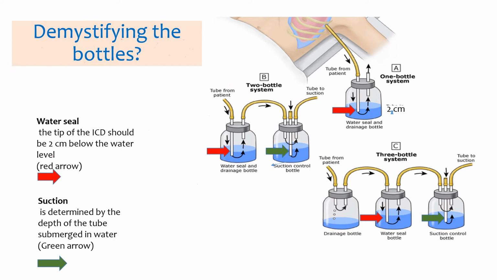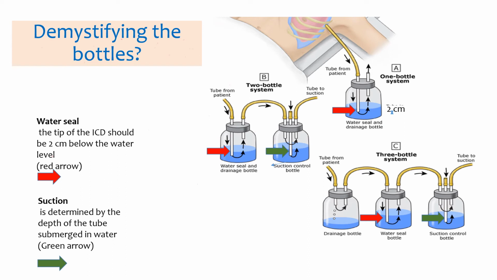Figure A is only to drain the air without suction, and the 3 bottle system is to drain both fluid and air with the suction applied. And there are 2 seals, one seal, the water seal, that is 2 centimeters below, and the other one in green is the control of the suction, right? So this is how it works, and there is no other mystery to this.